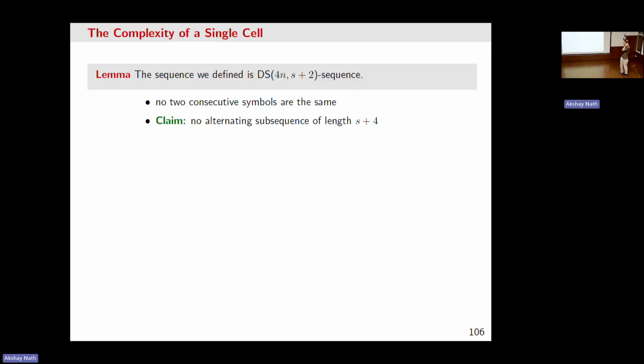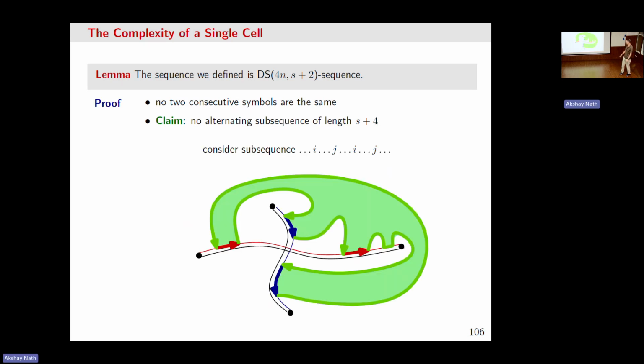And then, okay, the claim is that now it's a Schinzel sequence, and that I have no alternating subsequence. And again, I'm not going to prove it, but just show you what you need to argue.